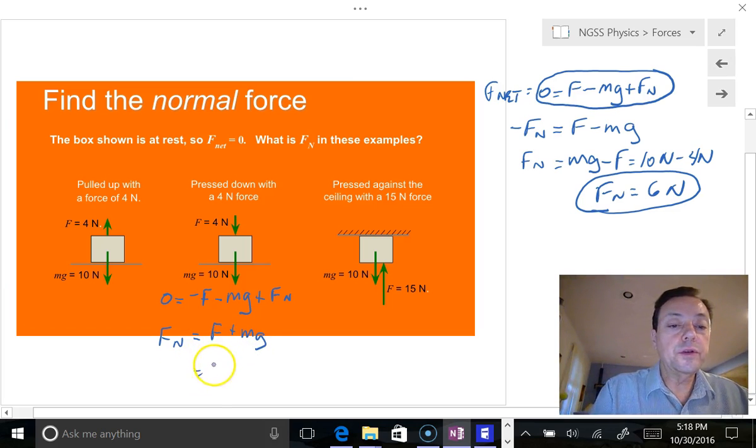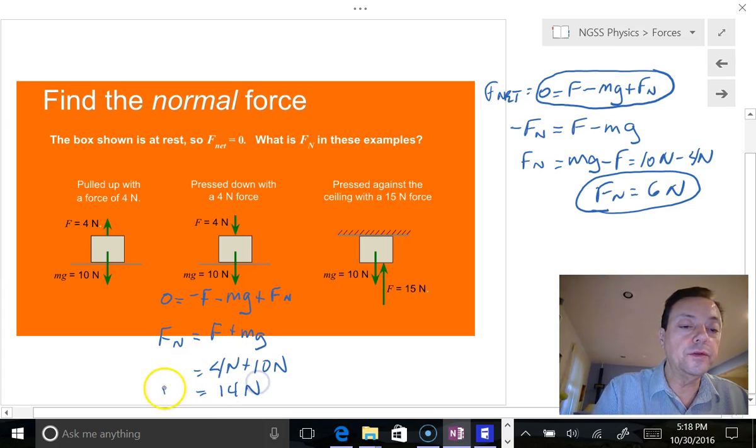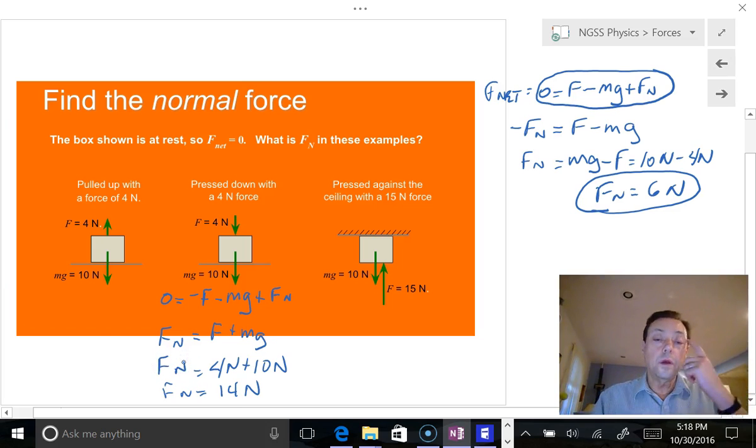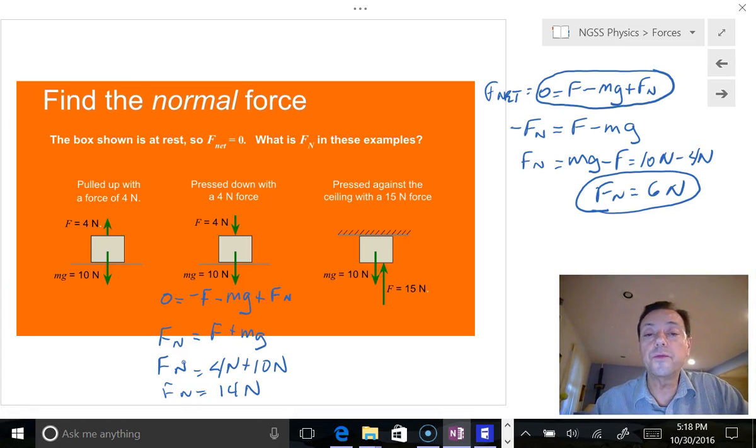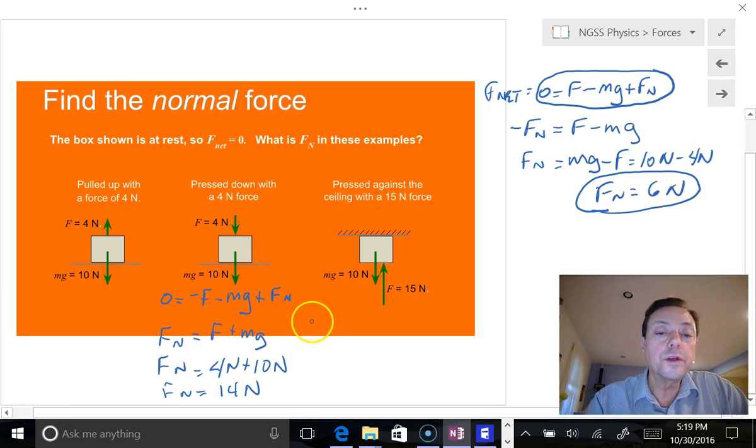The normal force is 4 newtons plus 10 newtons, and the whole thing is 14 newtons of normal force. So the fact that the net force we know is 0 gives us an ability to solve for a missing force.